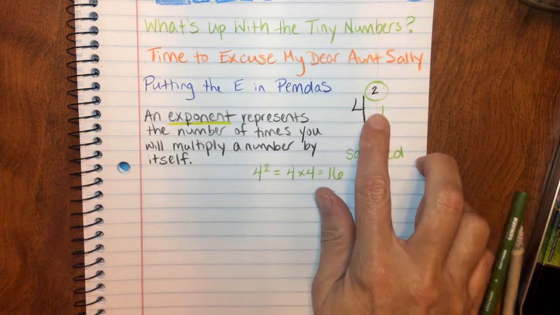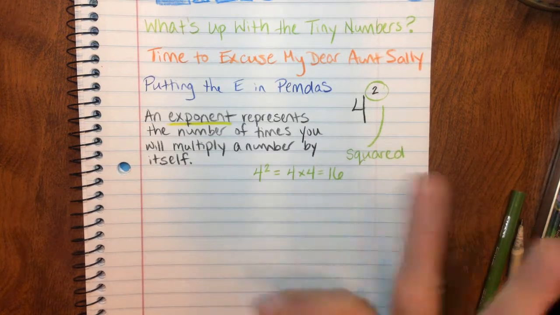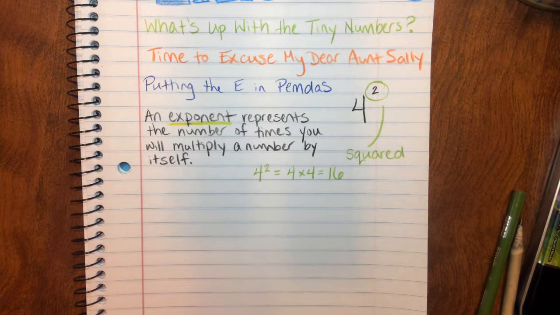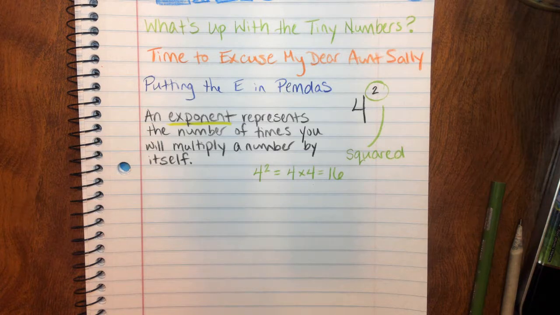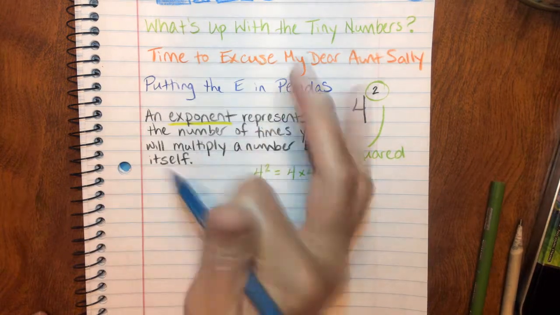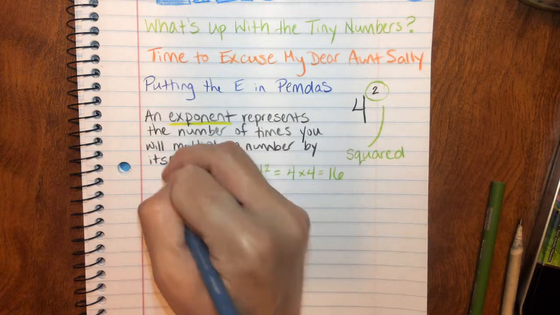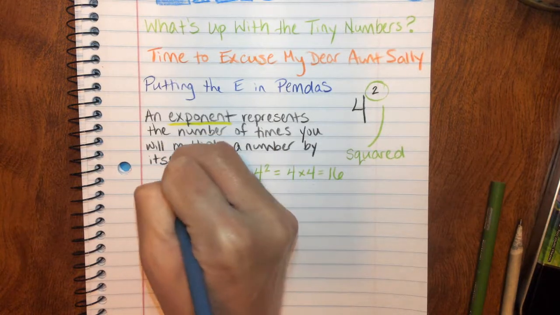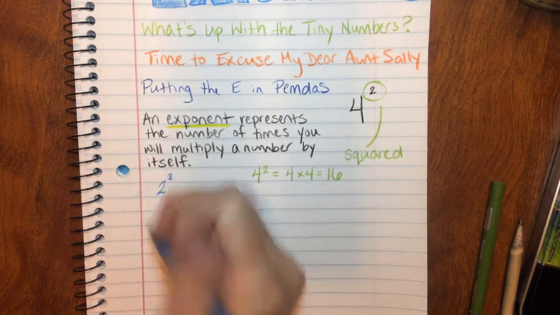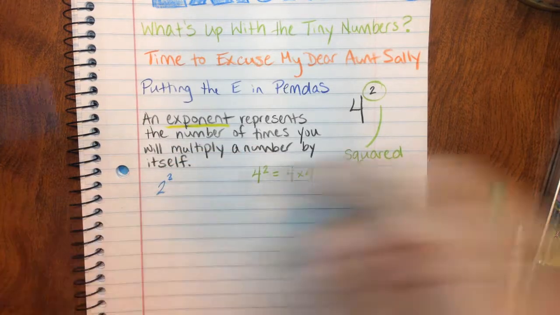But you can have exponents that aren't just the 2, even though the 2 is the most common, okay? You can have cubed numbers, okay? You consider something cubed when you have, let's do 2 cubed, okay? All right, sorry, that's not very clear. Oh, and my pencil's breaking.